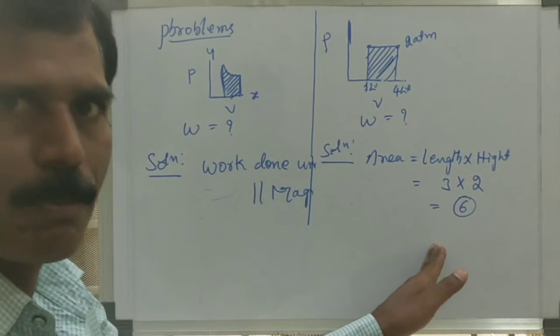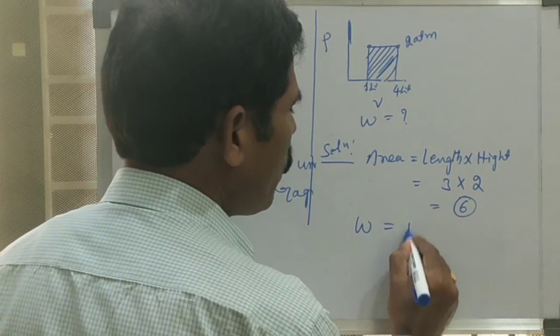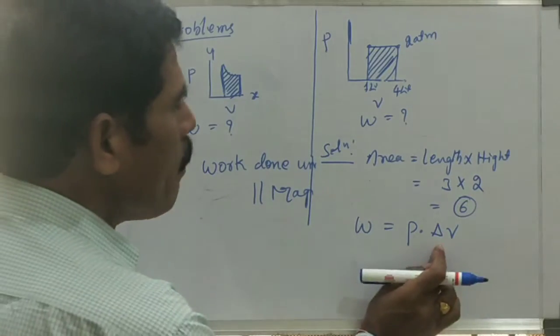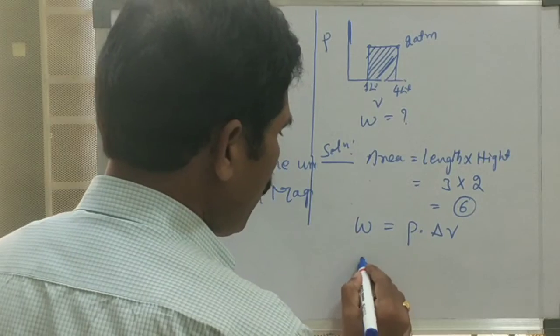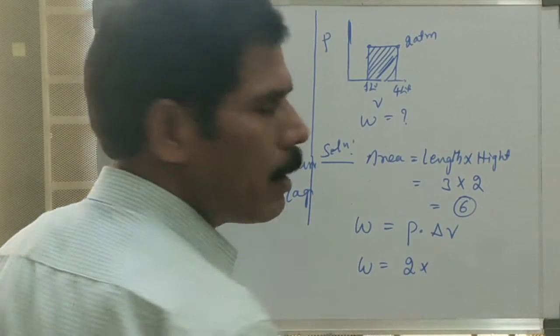We have the particular formula. W is equal to P into delta V. Delta V means volume change. Pressure they have given 2 atmosphere.